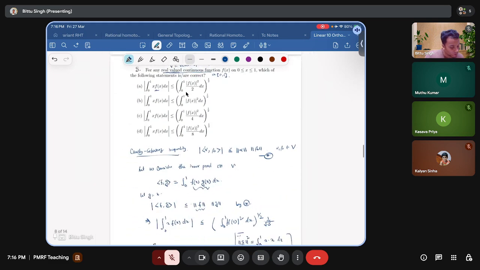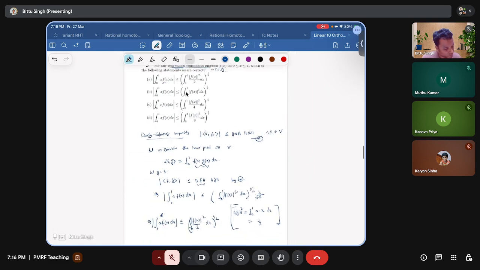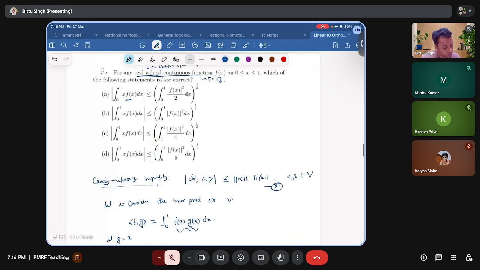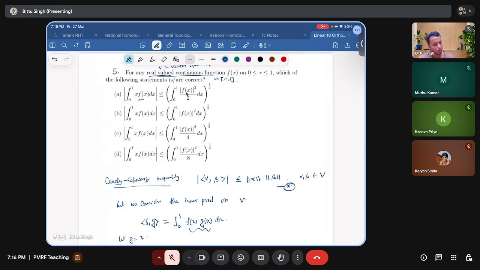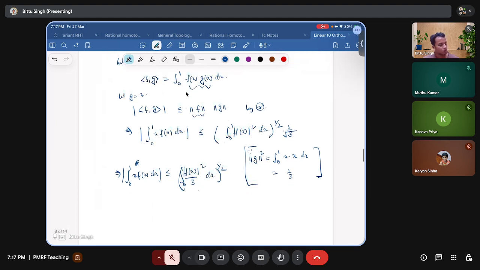So which of the following is correct? Can you see which will be correct in this case? We get this thing is less than or equal to 1/3 of this, but it is always true that 1/3 is less than or equal to half, and half is less than or equal to 1, right?